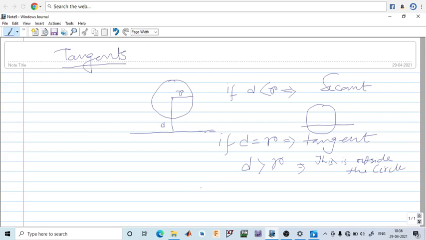And if d is 0, then you can say the line is the diameter, right?